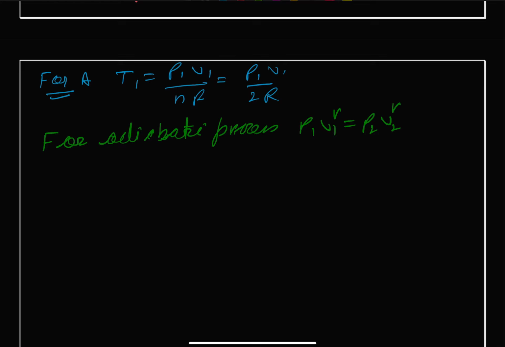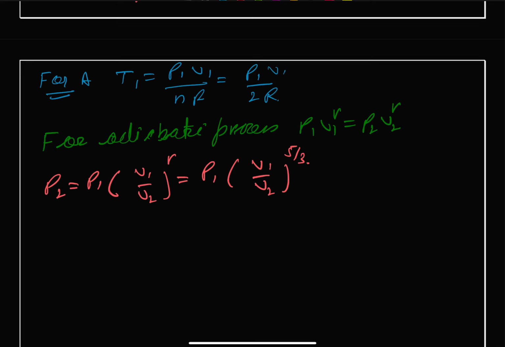So from here we can say that P2 is equal to P1 times V1 upon V2 whole raised to the power gamma, and gamma is 5/3, so this can be written as P1 times V1 upon V2 to the power 5/3.